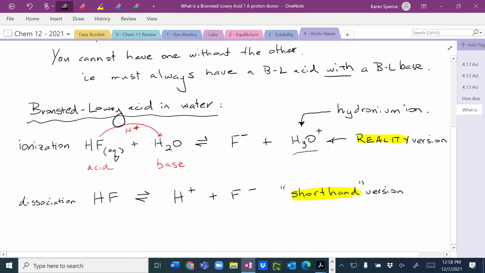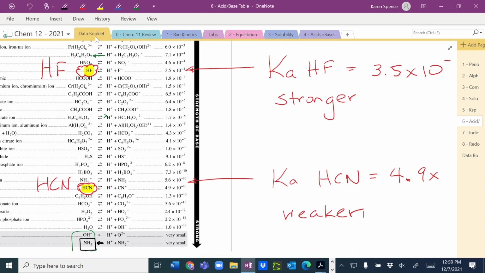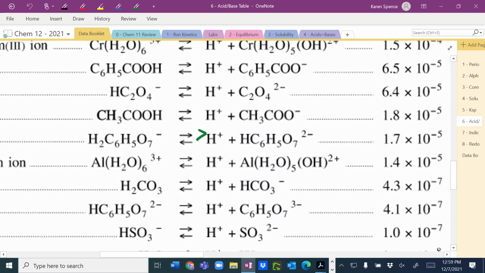Even on the table in your data booklet, do you see H3O plus there anywhere? Do you see those things reacting with water? No, we use that shorthand version here as well, okay?